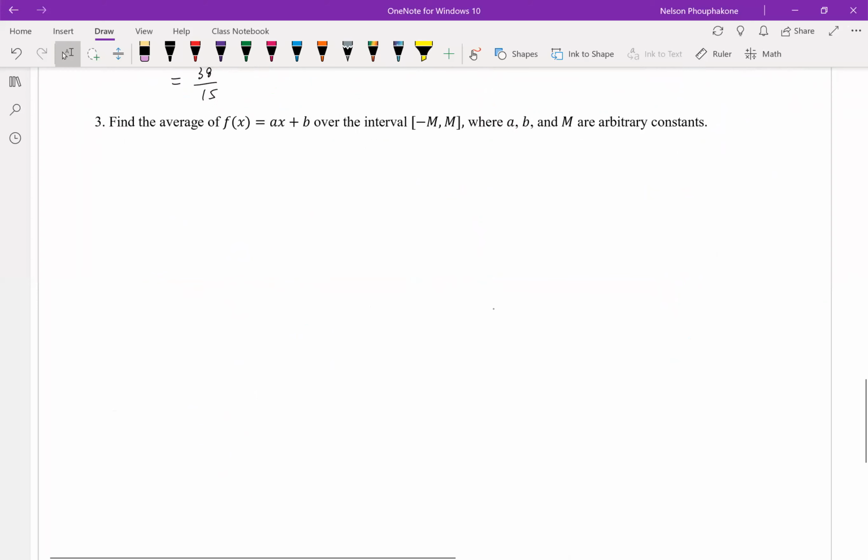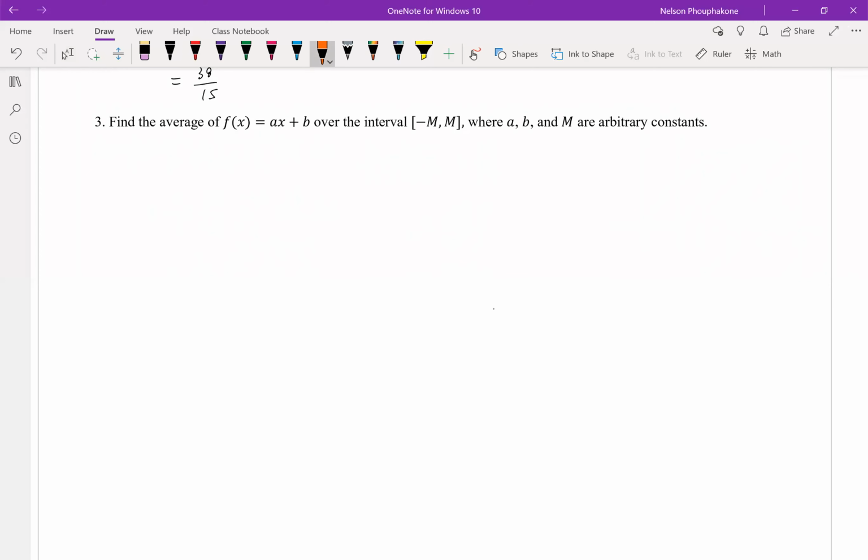Now the next one right here: I would like to find the average of f of x equal to a x plus b on the interval from negative m to m, where a, b, and m are arbitrary constants, meaning a, b, and m could be any numbers.